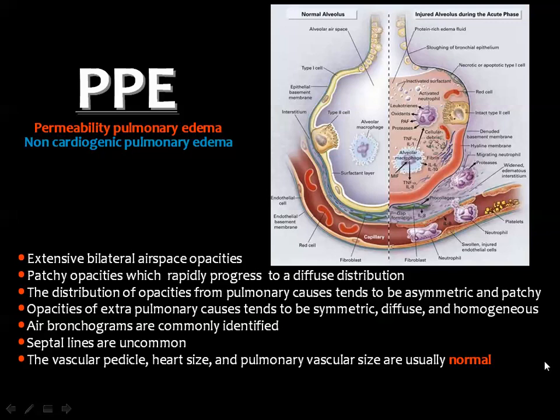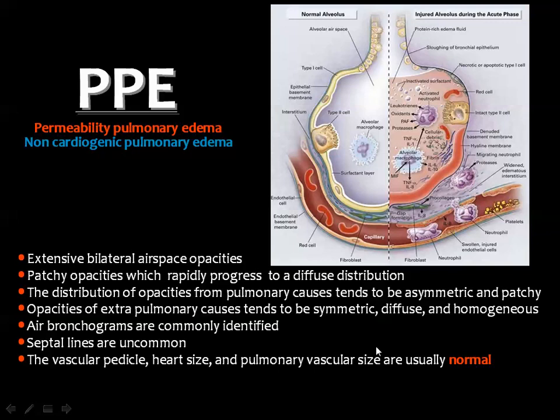Then the permeability pulmonary edema, or the non-cardiogenic pulmonary edema, is presented by extensive bilateral airspace opacities, and the opacities may progress to involve the whole of both lung fields. The distribution of the opacities is usually asymmetric and patchy.